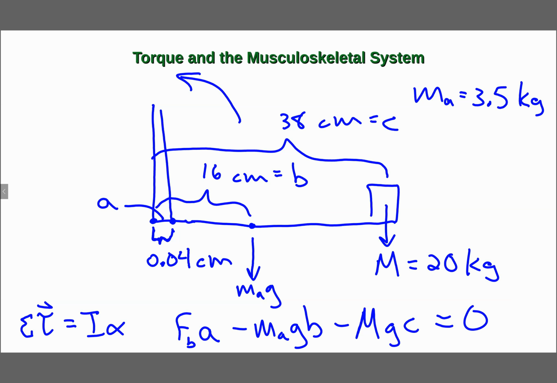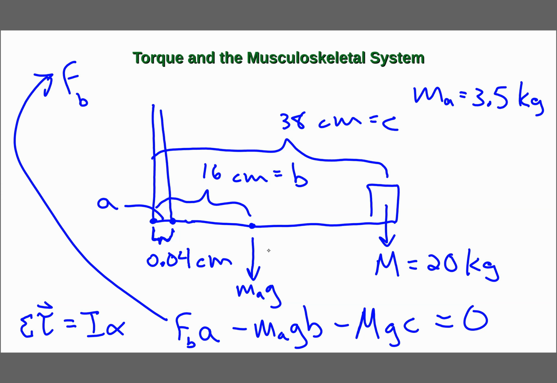So if we plug in numbers for this, let me make some space up here. You can see that FB then equals G times MA times B plus big M times C, over A. Okay?